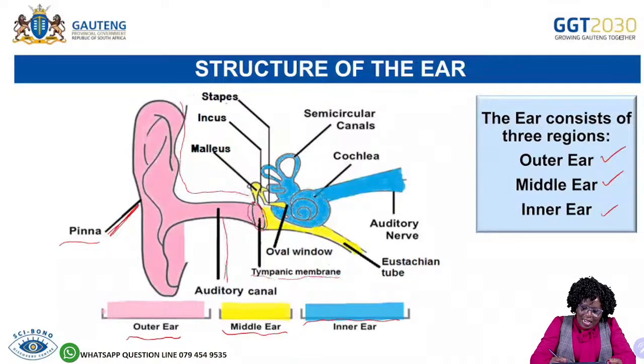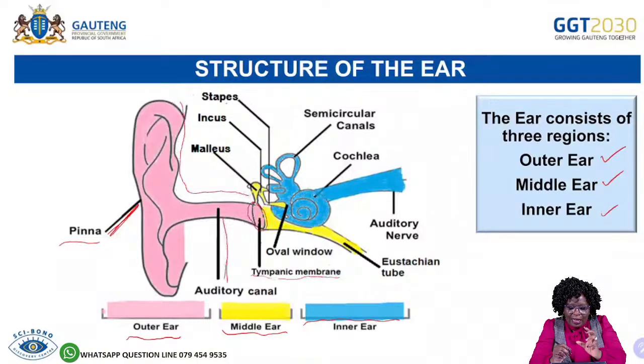What is represented now in yellow is our middle ear. The middle ear consists of very small bones. These bones are 3, and you just need to be extra careful when you look at your diagram so that you are able to identify each and every bone that is found.